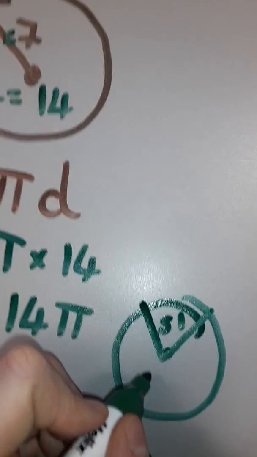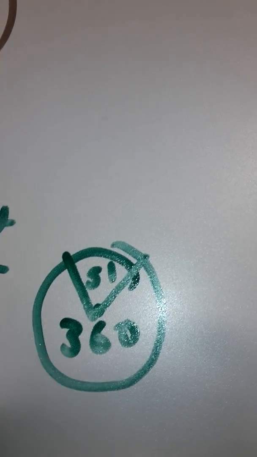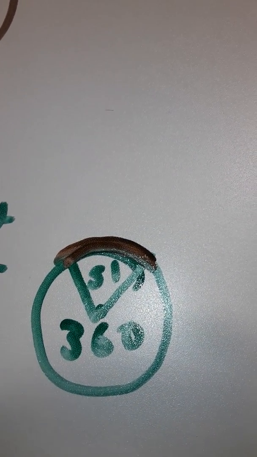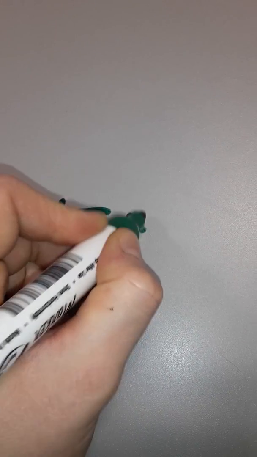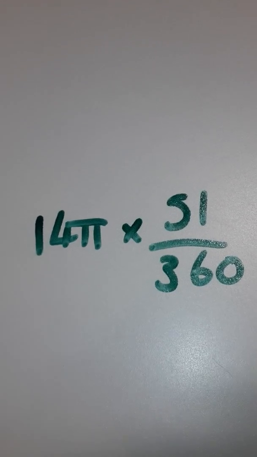So I have 51 degrees out of a possible 360. So what I'm going to do to calculate this arc, which would basically just give me this part of the circle, I need to times my 14 pi by my 51 parts out of a possible 360.